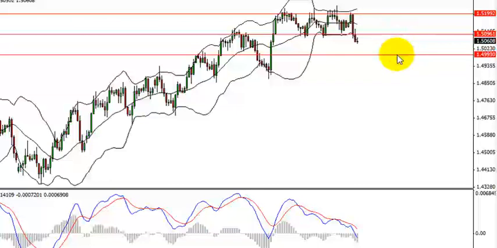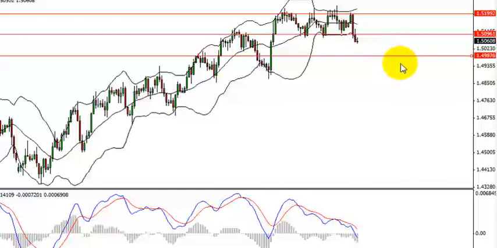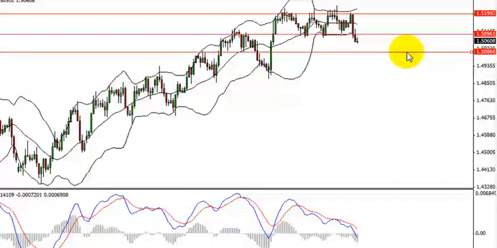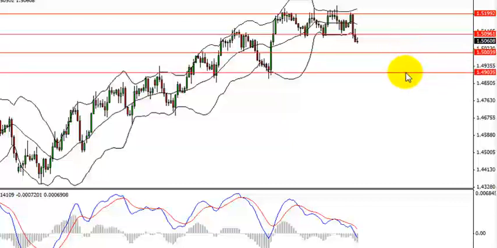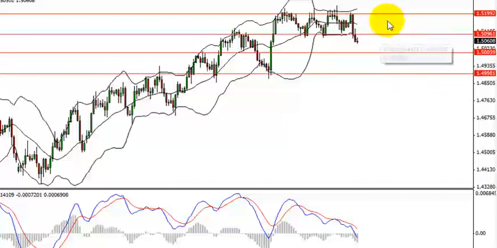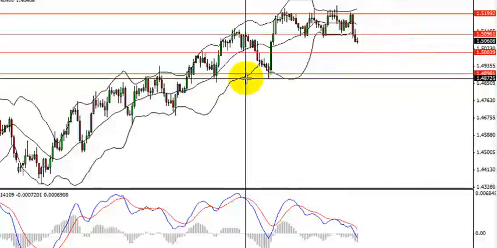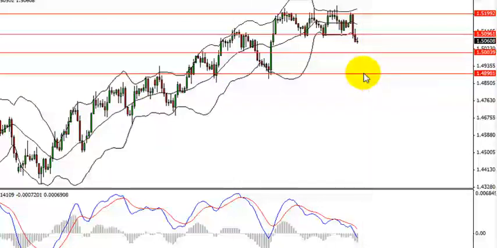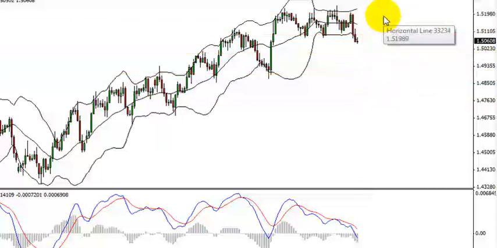The first target should be the duplication of this sideways move, and the third target, the big target, should be the next important support line, together with another duplication of this sideways move, down close to 149. So this can be the target for the British pound.